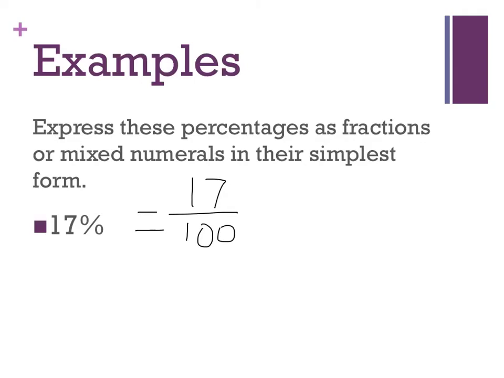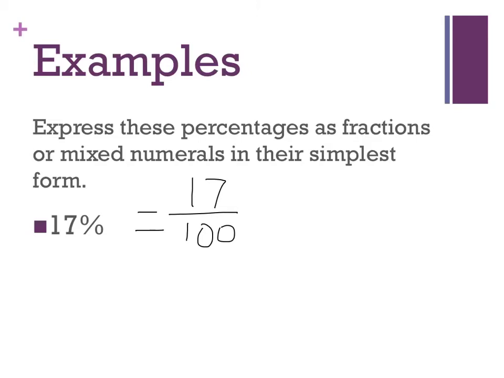Let's list my factors, or the numbers that go into 17 as wholes. 1 goes into 17, 2 doesn't, 3 doesn't, 4 doesn't, 5 doesn't, 6 doesn't, 7 doesn't, 8, no, 9, no, 10, no, 11, no, 12, no, 13.